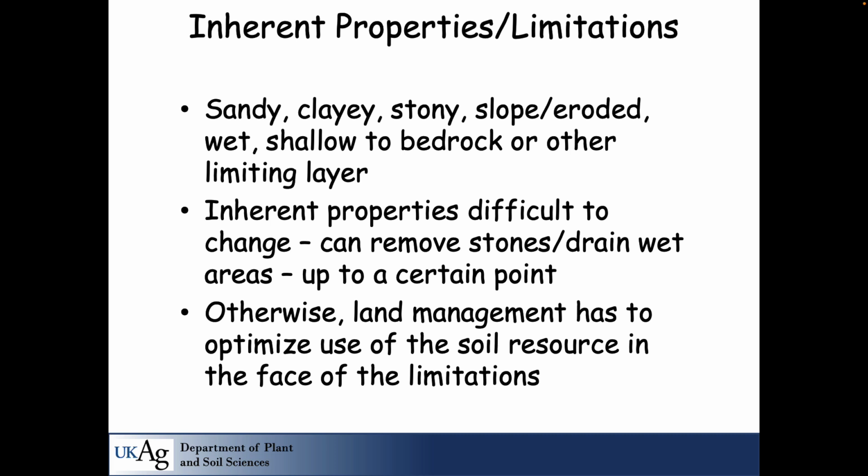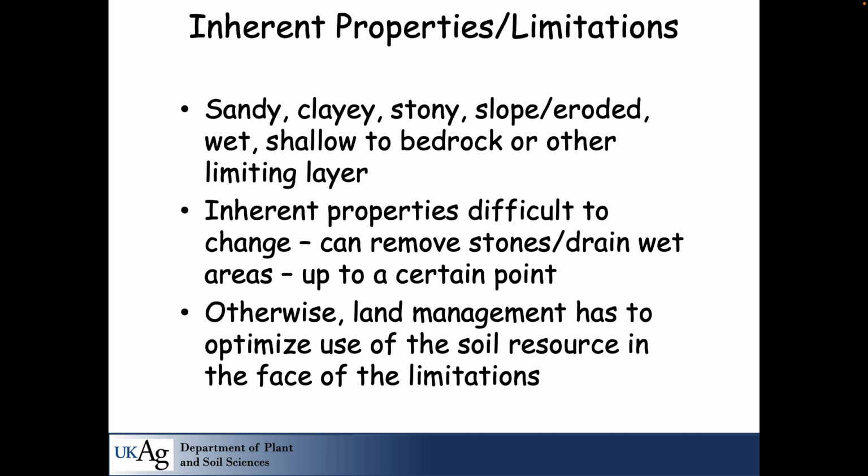Most topsoils in Kentucky are made up of those unless they've been eroded. So if you have excessive amounts of sand or clay, you won't deliver as much plant available water. Soils that are stony, sloped, eroded, wet, or shallow to bedrock or another limiting layer are limited, and the AUMs that come up on suitabilities and limitations are going to be reduced.